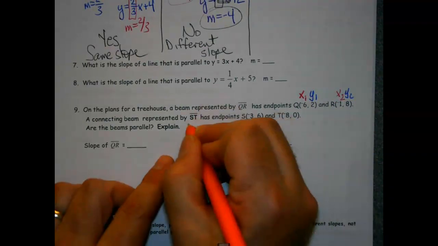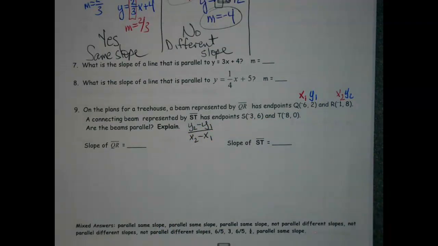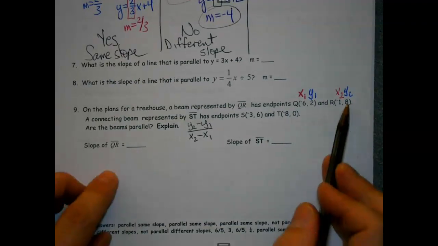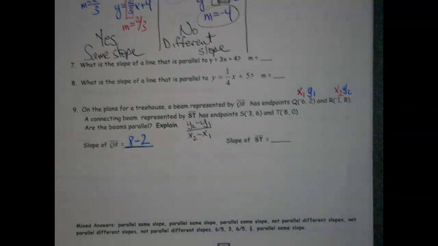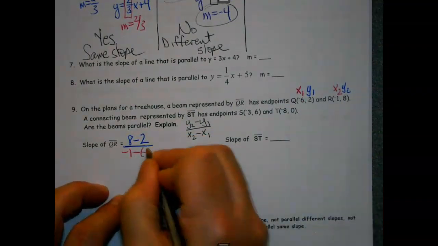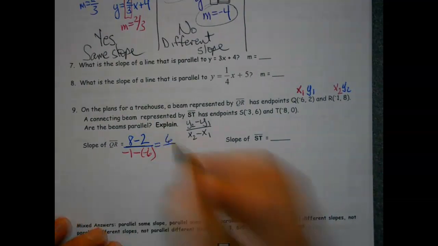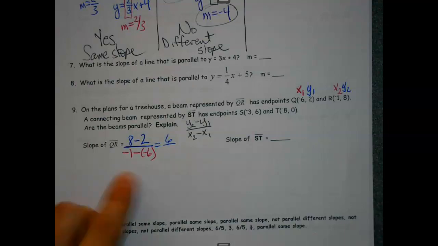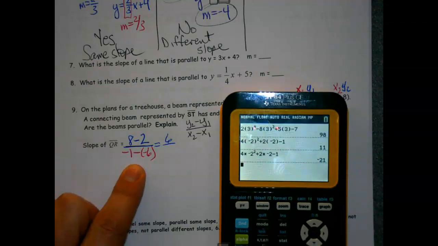Because again, I remember that when I'm trying to find slope, if I follow that formula, y2 minus y1 over x2 minus x1, with the reminder that when I'm subtracting, either I need to remember that minus a negative is plus, or to be honest, couldn't I just put it in my calculator? -1 minus -6? Yeah, I could.